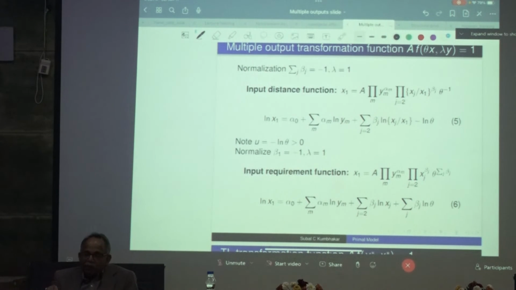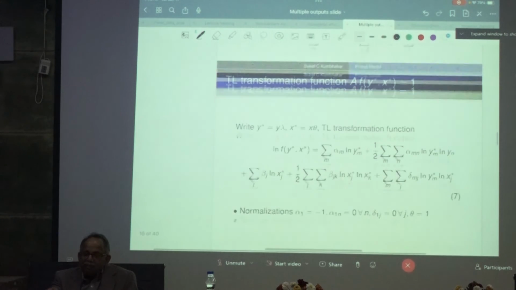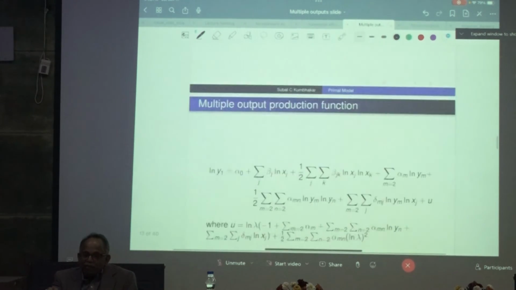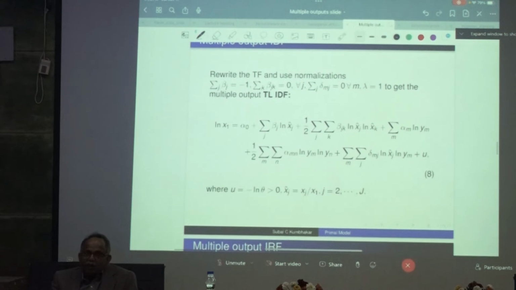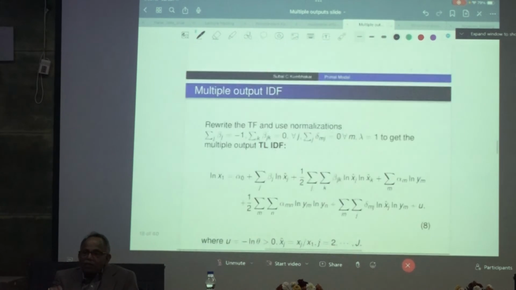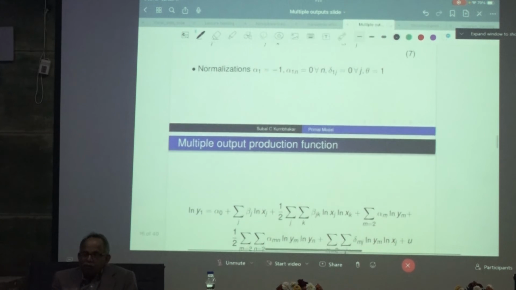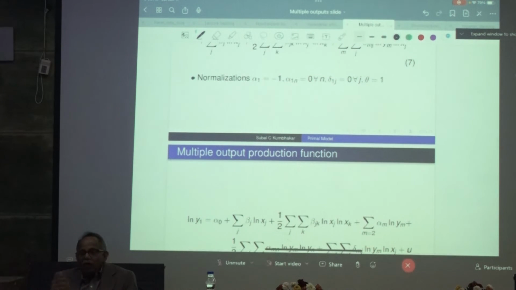Okay. So again, as I said, this has everything, but it's quite dense. You can see that this is equations after equation. But I gave you the simple illustration of these concepts using 2 outputs and 2 inputs. Now, what I didn't do is the translog part, but again, you can also do the translog part quite easily.